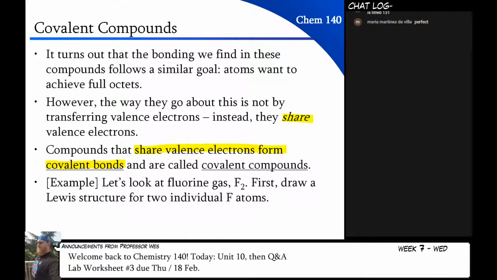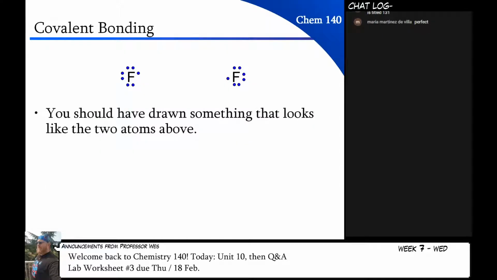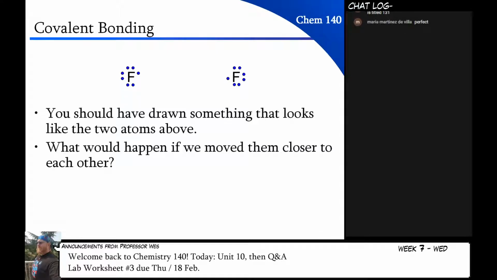Now, how exactly does this work? If I take my 2 fluorine atoms and I try and shuffle electrons between them, I will never get an octet. But what if I do this? And I just sort of set them next to each other. Then what happens if I do this? So I'm going to circle a fluorine atom and watch what I do.